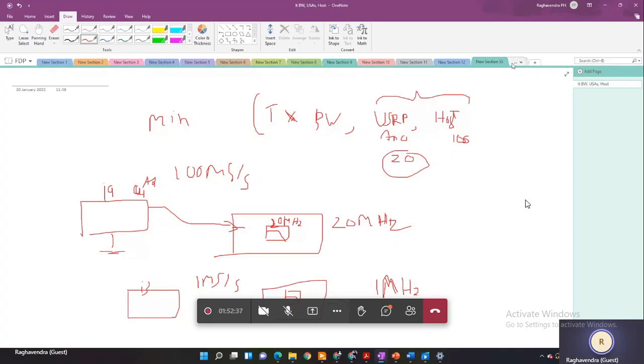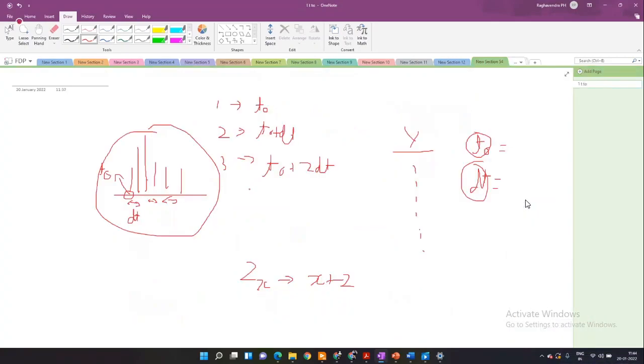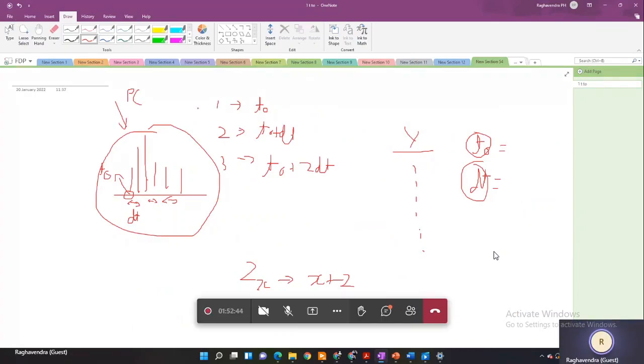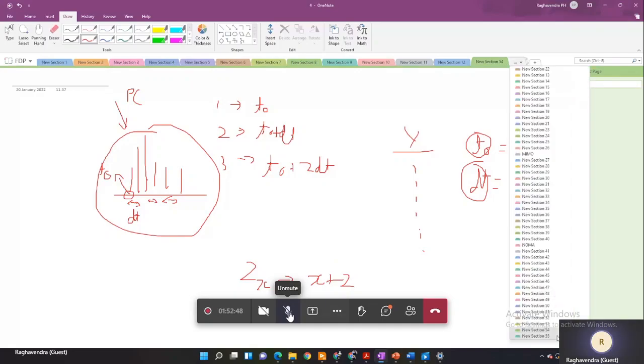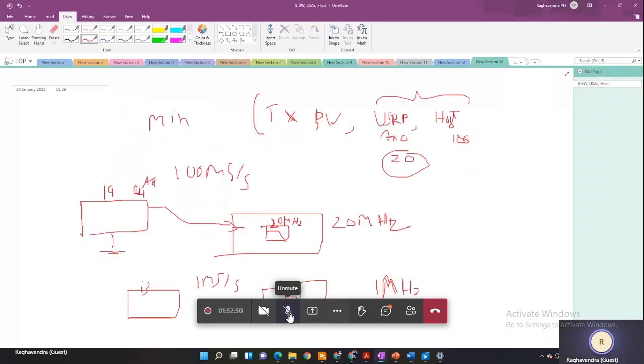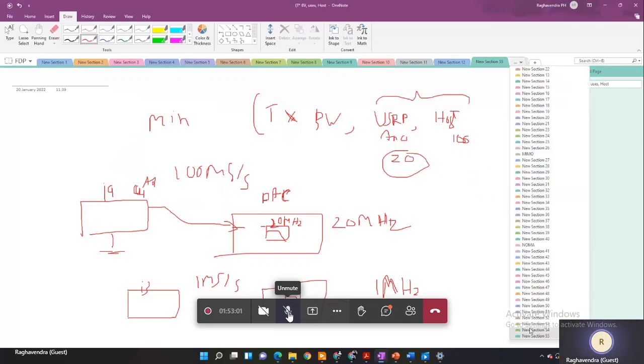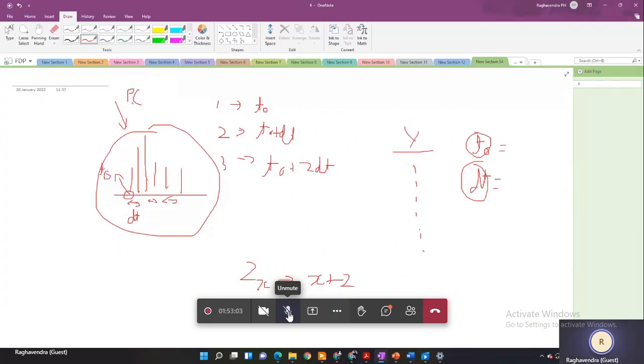So whatever I showed you here is happening inside your computer itself, inside your PC system, your GPOS system. After this, once it goes into the USRP, just before the low pass filter stage, you have a DAC which converts it into an analog waveform. But the actual process of generating the wave, this discretization and these samples, happens inside the PC itself.